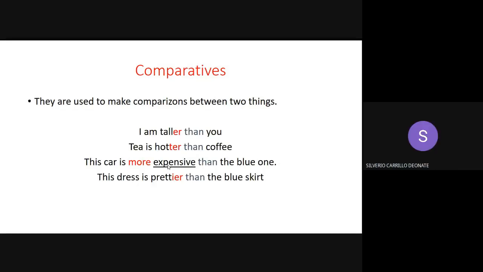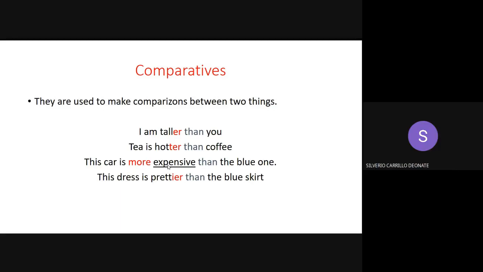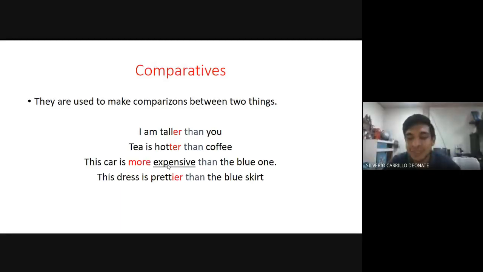What we do in English is to pronounce it, and according to the sounds we produce, it's the number of syllables the word has. So all of this is related to pronunciation and the sounds we produce when we pronounce a word. In this case, expensive. How many sounds do you produce when you pronounce the word expensive?